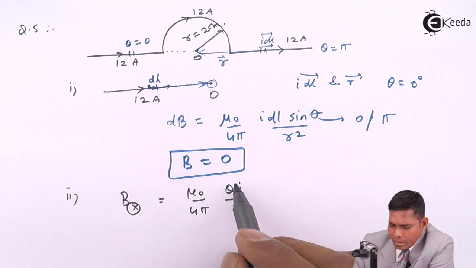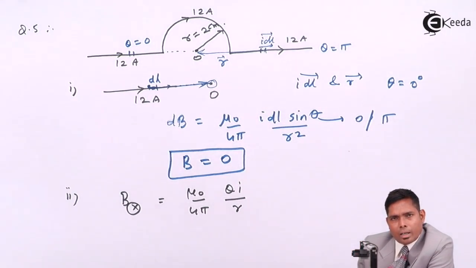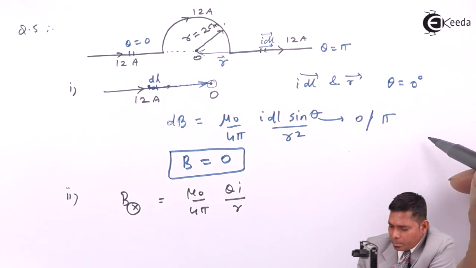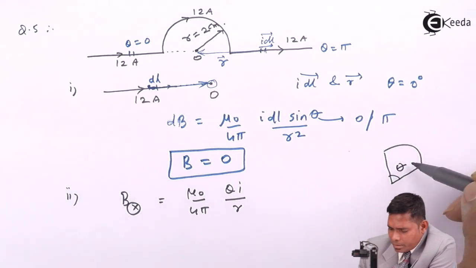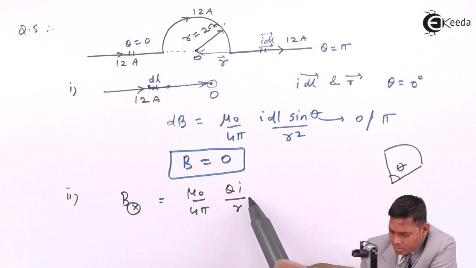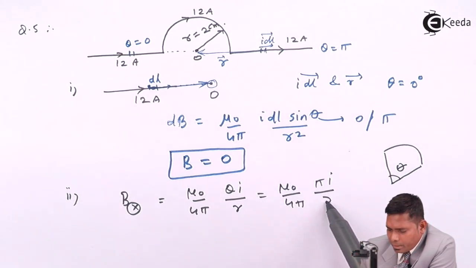What is theta here? Theta is the angle the arc length contributes at the center. A semicircle contributes an angle of pi. So therefore, for a semicircle, it is mu 0 upon 4 pi, pi I by r.